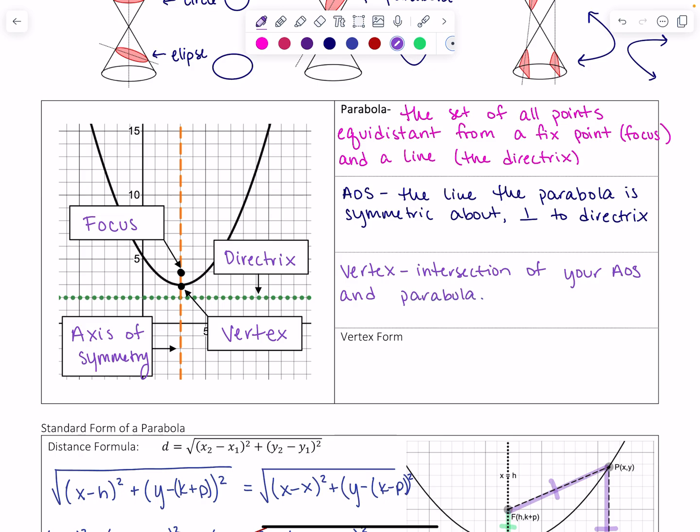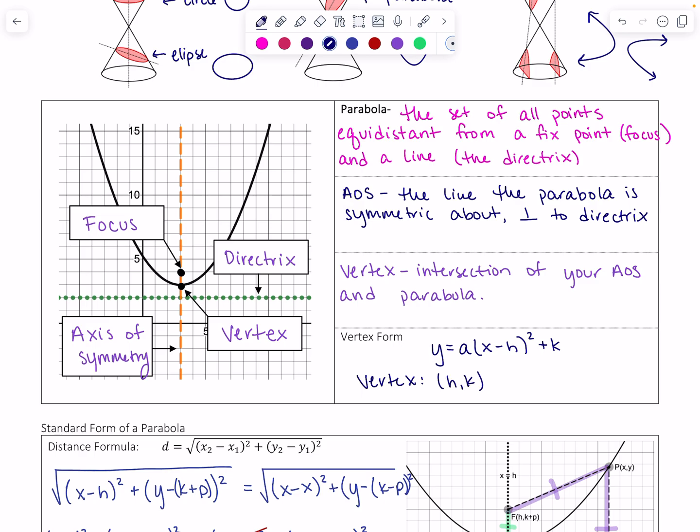All right, let's talk about our vertex form, because our vertex form is our friend. It's the form that we've always used with graphing parabolas, and it is y equals (x minus h) squared plus k, where that all-important vertex point is at (h, k).